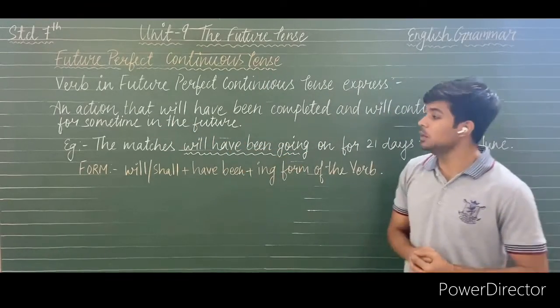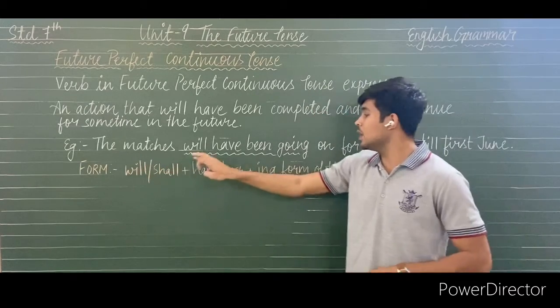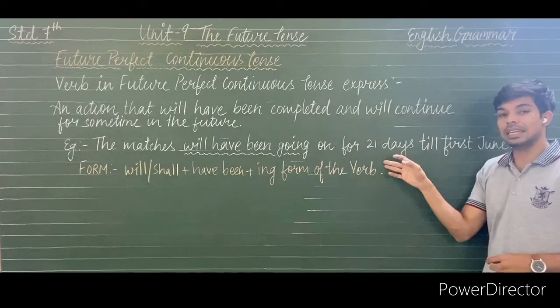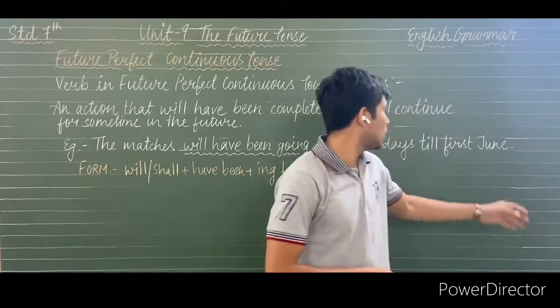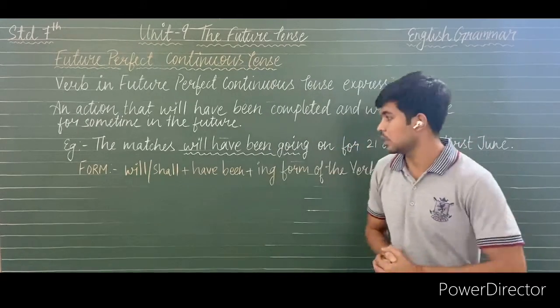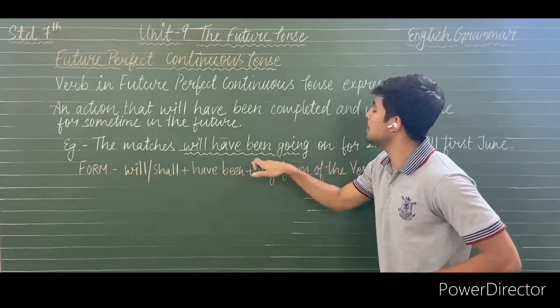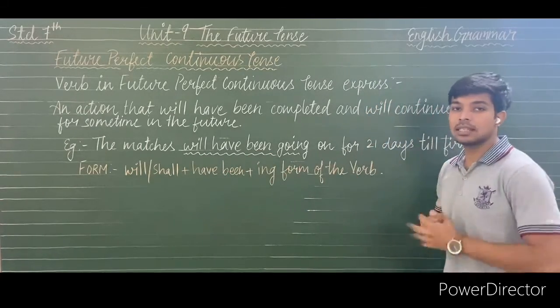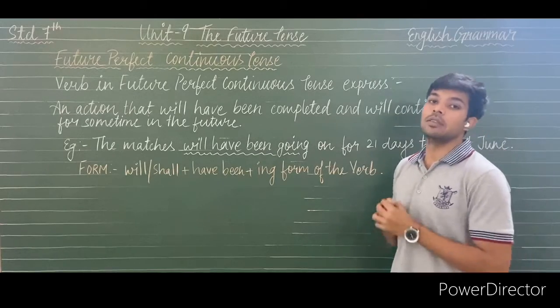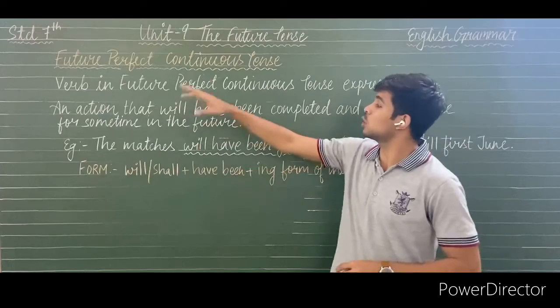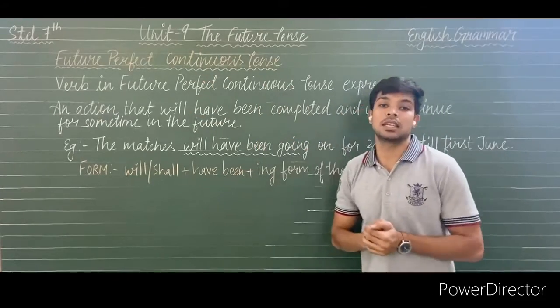For example, the matches will have been going on for 21 days till 1st June. So here in this sentence, will have been going represents the verb form which expresses that this sentence is in the future perfect continuous tense.